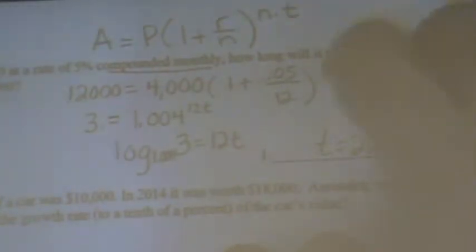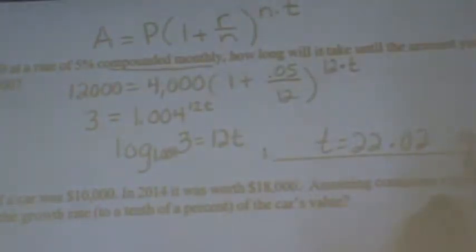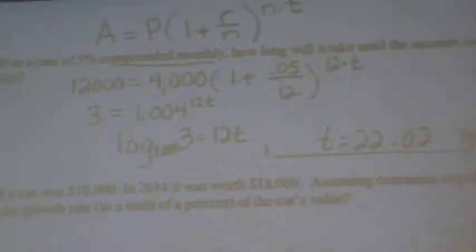Somebody wrote months, and it's years. How many years? That would be nice if it were 22 months. If you could turn 4,000 into 12,000 in a little under 2 years, that would be awesome. I'd go there and bank.